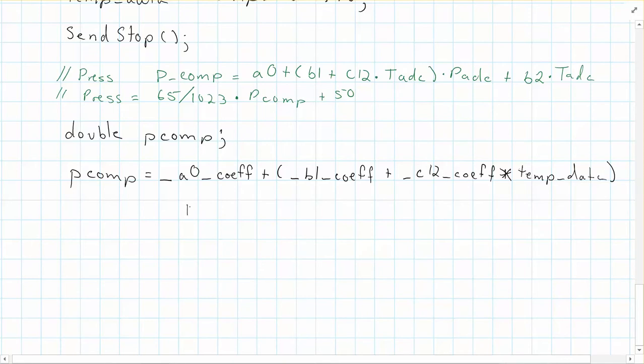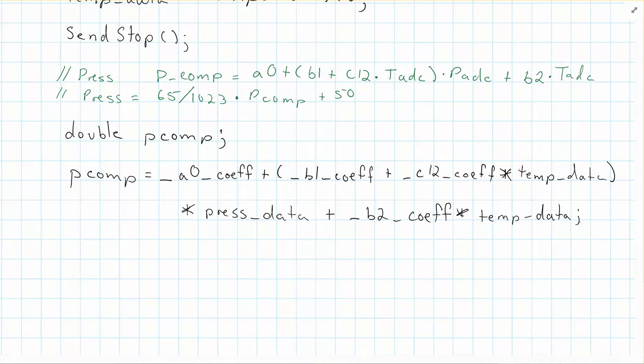But this would then be times press data plus underscore B2 underscore coefficient times temp data. So that's one big long line there. Now you could do it in multiple lines like the example in the data sheet outlined, but I just went ahead and wrote it in one big line, and of course I ran out of room, so it's on 2 lines, but if I were to actually type it up, it would just be 1 line.